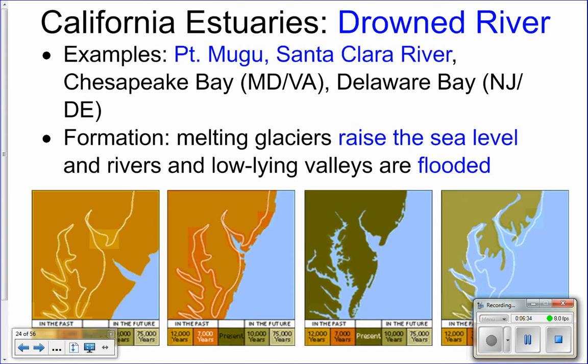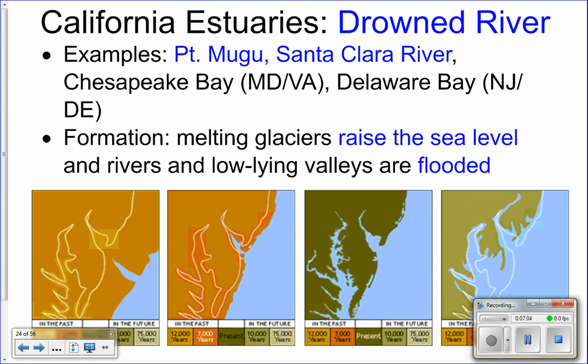And then as sea levels rise because of melting glaciers and rising temperatures, the sea level fills in that valley that was created by the river, and it drowns the river valley, right? So it's called a drowned river estuary. And so now you get salt water, fresh water, because the river keeps running into that same spot. It's semi-enclosed because it's now in that valley. Mixing between the two, estuary.